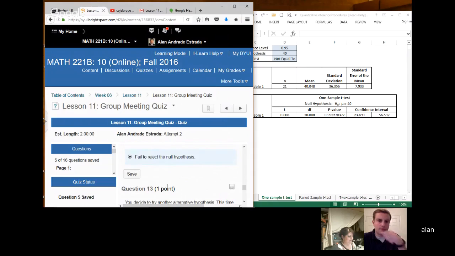Number 11 is 0.995. 12 is fail to reject. 13 is decrease. 14 is fail to reject. 15 is 23.5. And 16 is 56.6.